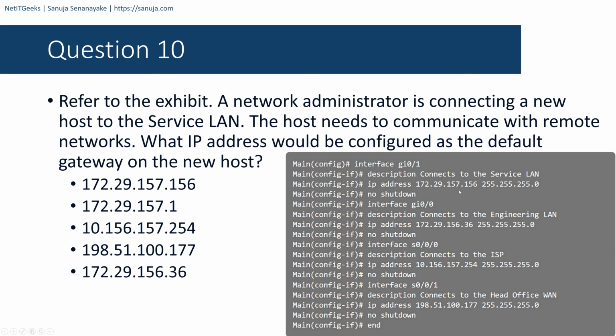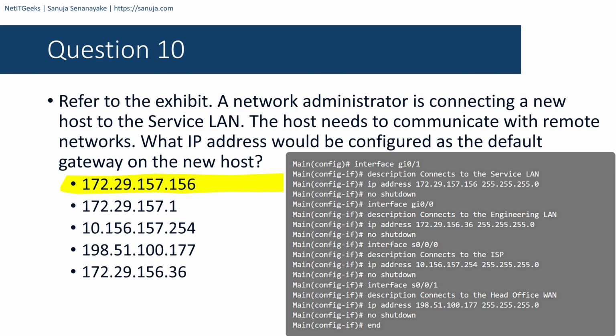The IP address is set up here as 172.29.157.156 with a subnet mask of 255.255.255.0. As a result, the answer to this question is the very first answer, which is 172.29.157.156.